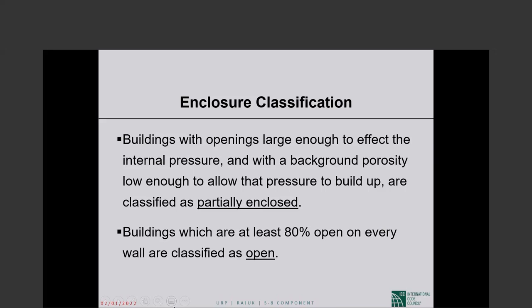At least 80% of each face physically open. That is pretty unambiguous. I have never met anybody confused about what an open building means by ASCE definition.